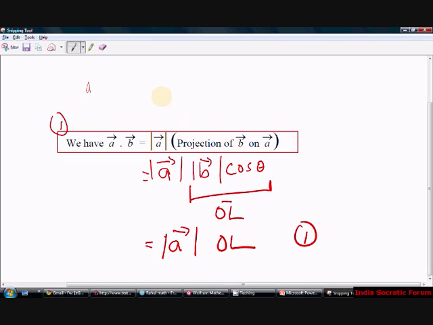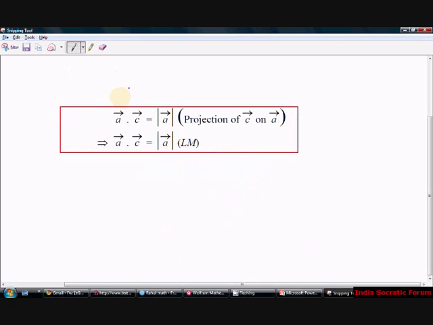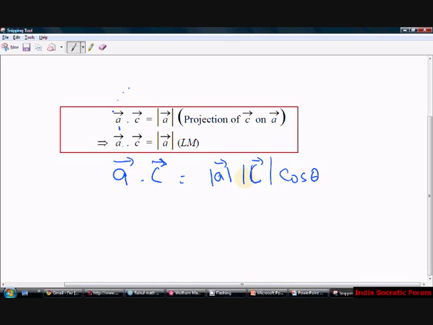Then in the same way we have A dot C vector. A dot C vector can be written as modulus of A vector multiplied by modulus of C vector cos theta. We have to look back.